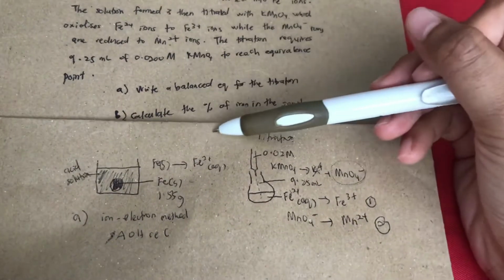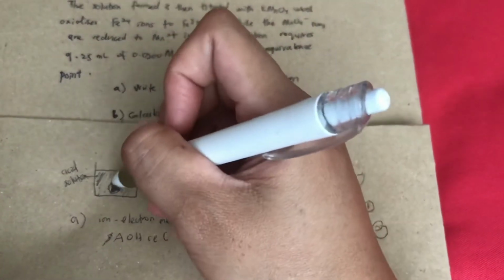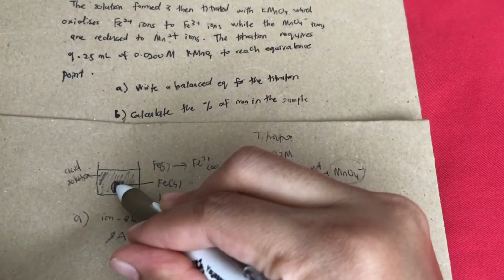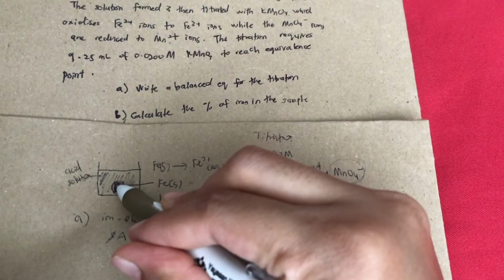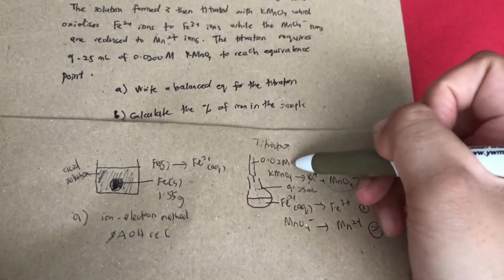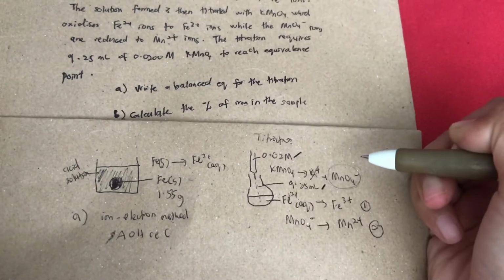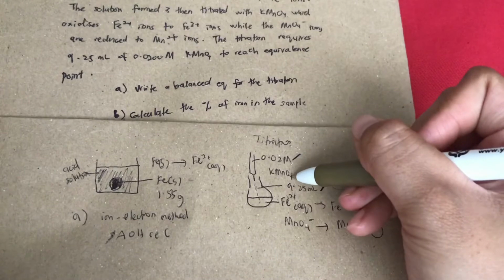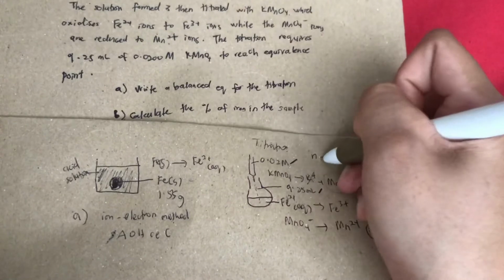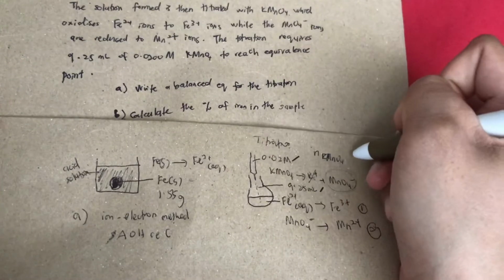For part B, calculate the percentage of iron in the sample. So the question asks you about this iron. From this information, the concentration and the volume, this is the concentration of KMnO4, and this is the volume for KMnO4, so we can figure out the number of moles of KMnO4.